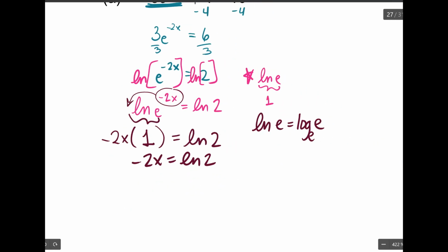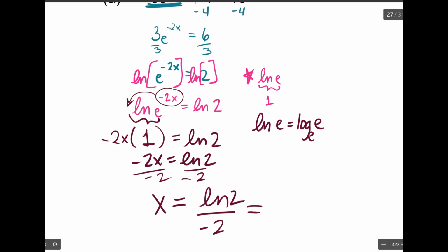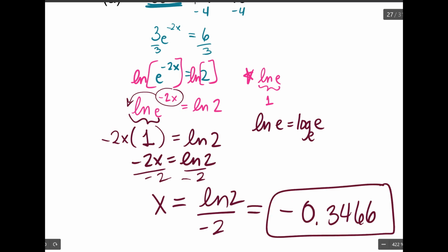So if I want to solve for x, divide by negative 2 on both sides. ln of 2 over negative 2. That's going to be equal to negative 0.3466. Just round to the nearest 10,000th place.